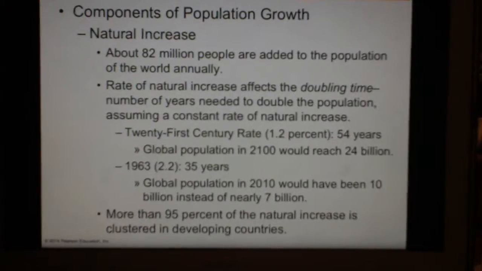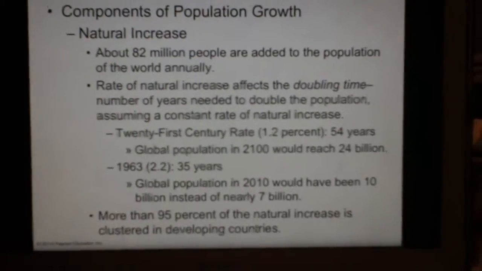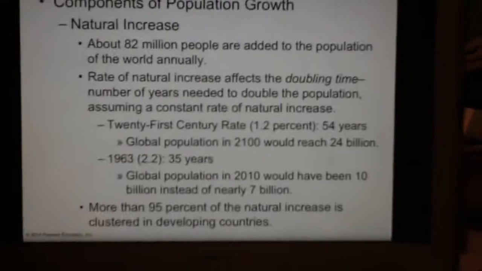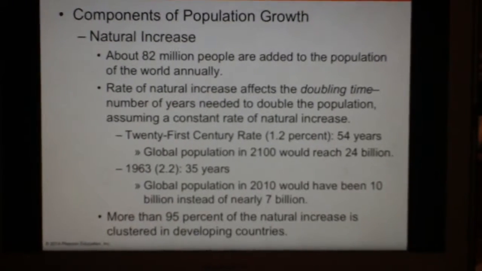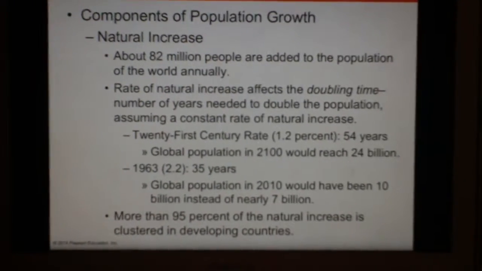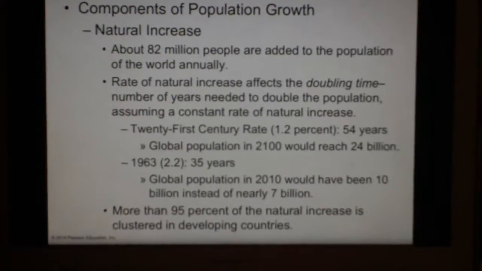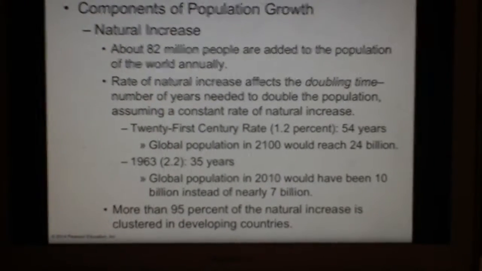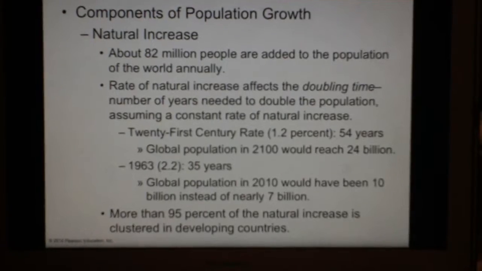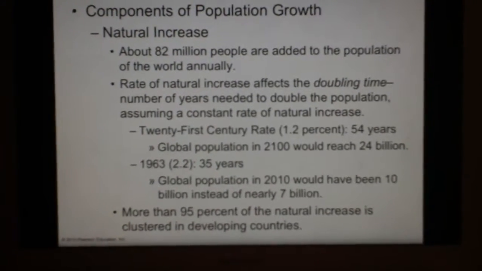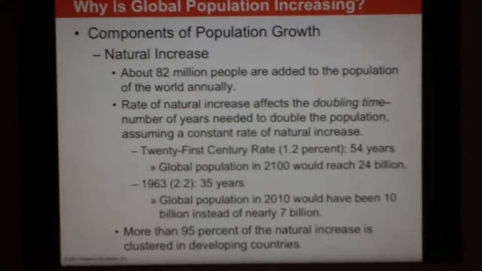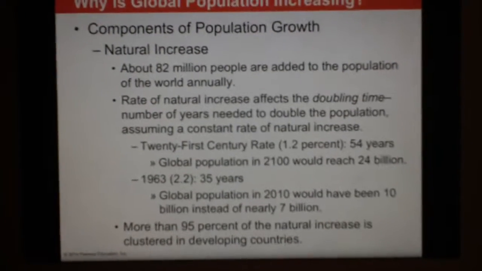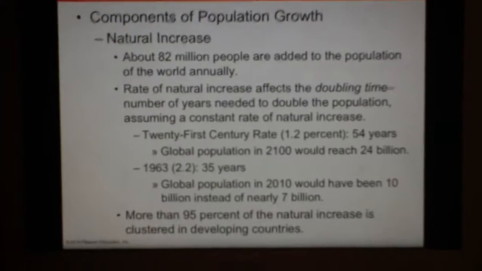In the 21st century, the rate was 1.2%, and it took 52 years for the population to double. So the global population in 2100 will reach 24 billion if the natural increase rate stays constant.